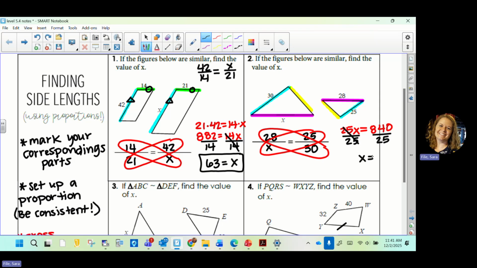So 840 divided by 25 is 33.6. And I would take this and I would go plug it into Desmos and check that this proportion is true, that those ratios are equivalent. And I'm going to save you time and tell you it does check out. I already showed you how to check it in Desmos. This one does check out.